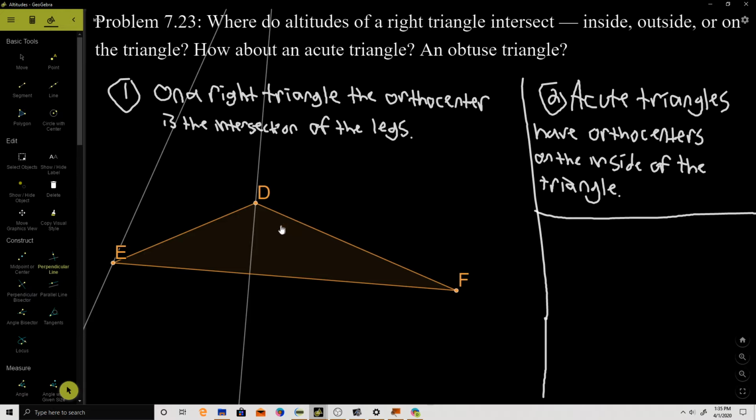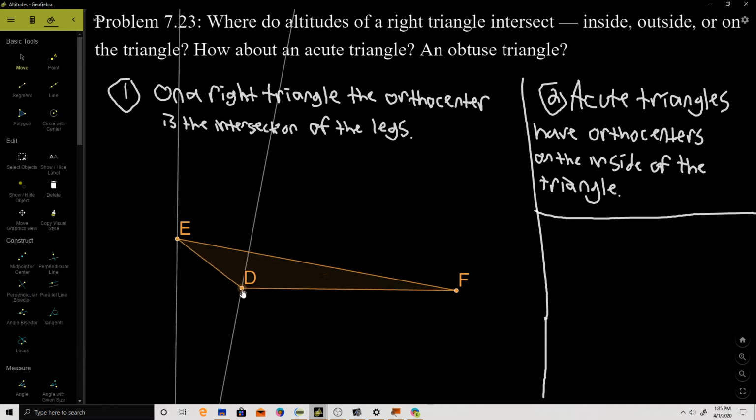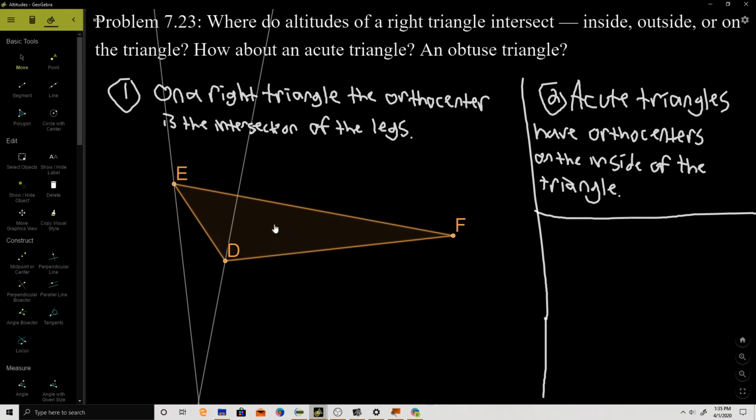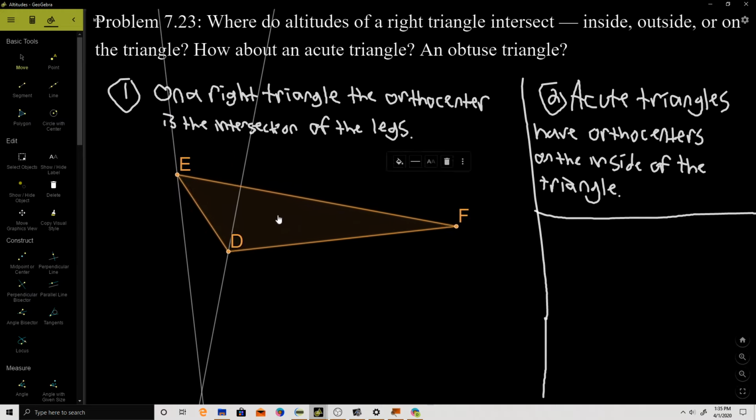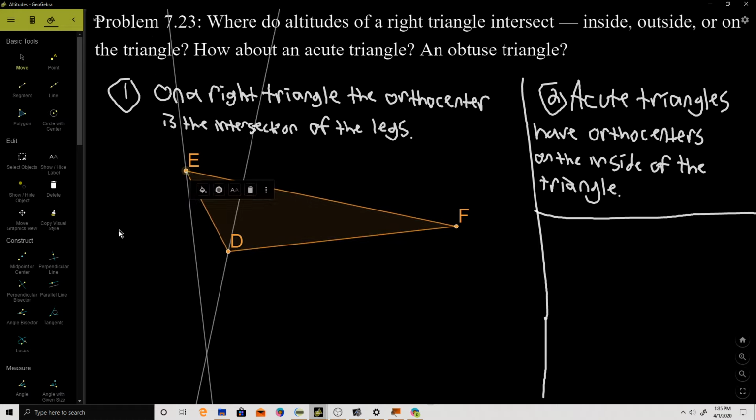Whoa. Maybe I should make it a little... Alright, you know what? This will be better. There we go. Still an obtuse triangle. But now I'm actually going to be able to see where they're going to intersect. Alright, and then another one from F to ED.